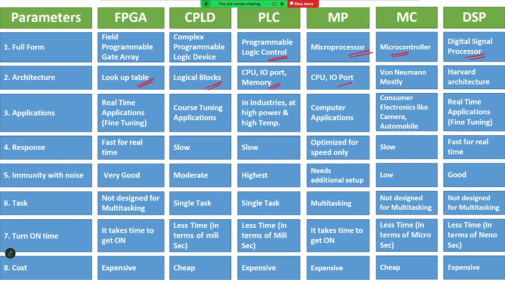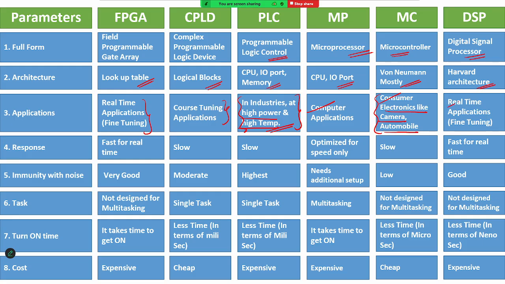Microprocessor and microcontroller are mostly von Neumann, and DSP is Harvard architecture. For applications, FPGAs are used in real time applications. PLCs are used in industry applications wherever high power or high temperature is required. Microprocessors are used in computer applications, and microcontrollers in consumer electronics like cameras and automobiles.